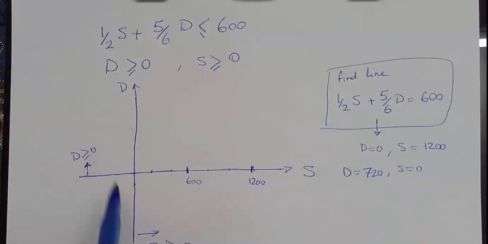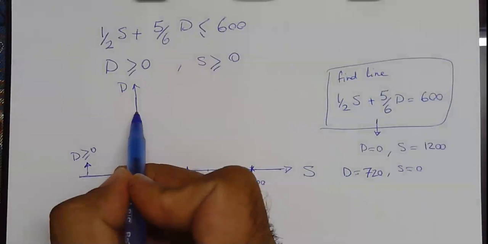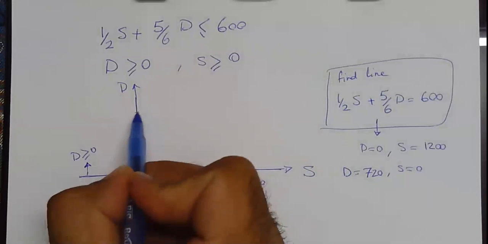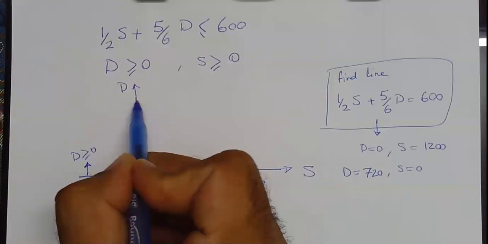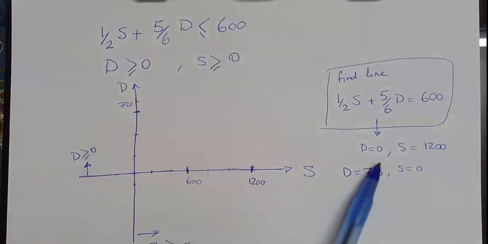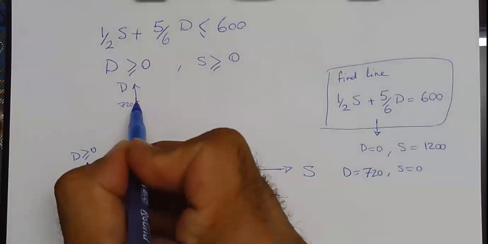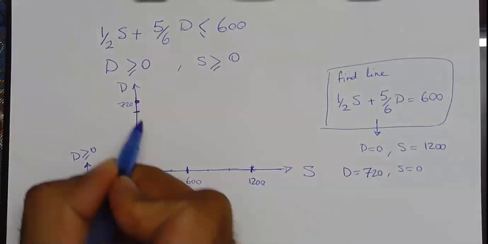And on D, let's say 200, 400, 600, and then 720. This is going to be my other point. So I just need to connect these 2 points.